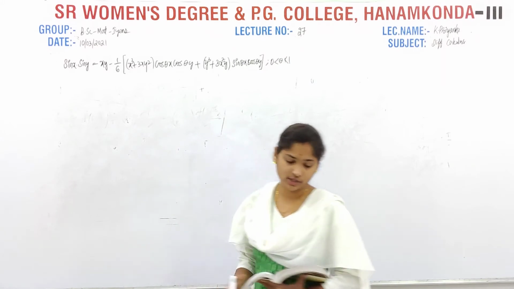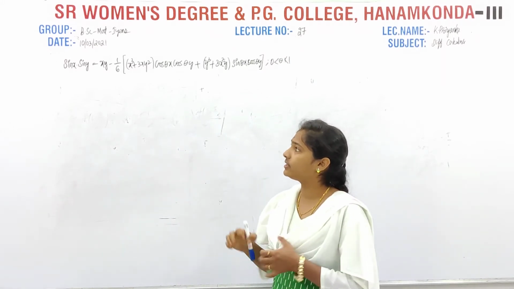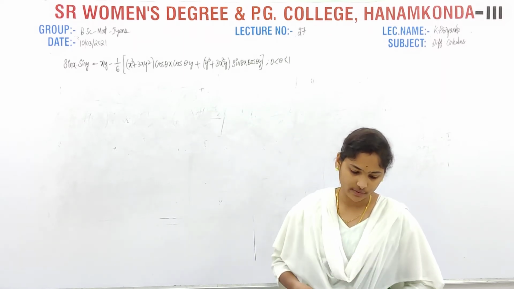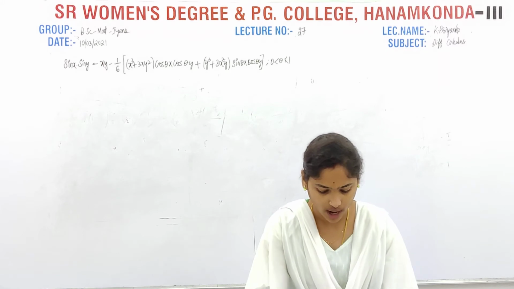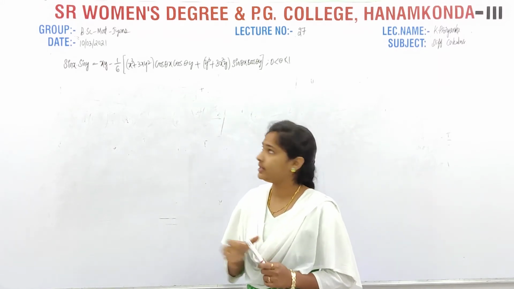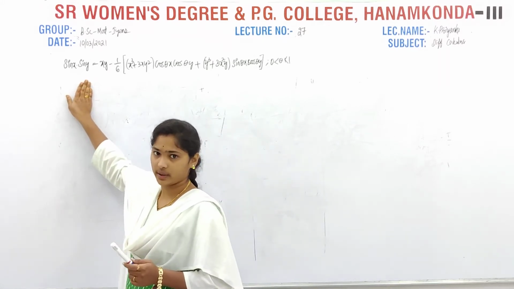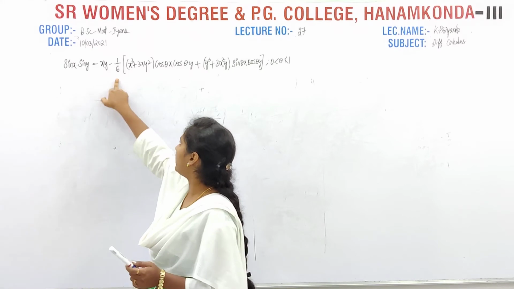See here, they are not mentioning the f of x y value, and they are not giving the point also. So for this one simply we have to calculate each and everything, right? So clearly what I am going to do is I have f of x comma y equal to, here some value I have, xy minus 1 by 6.